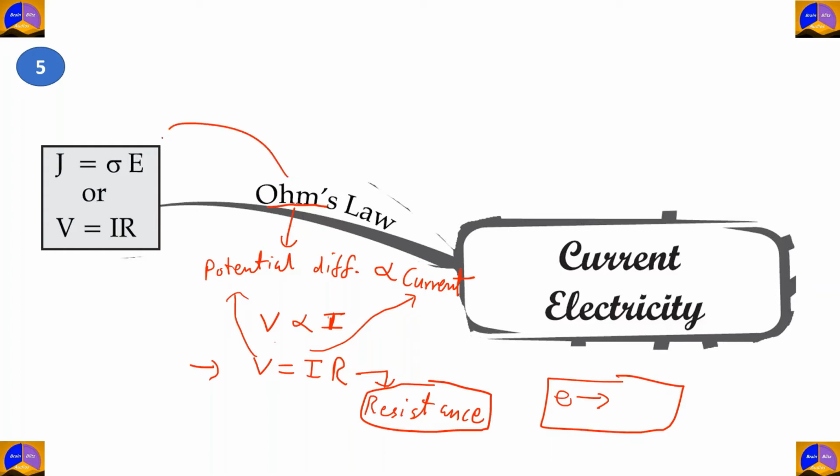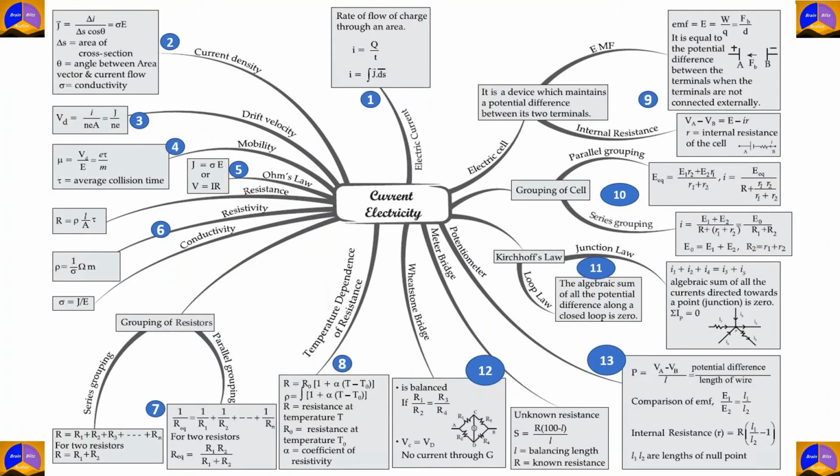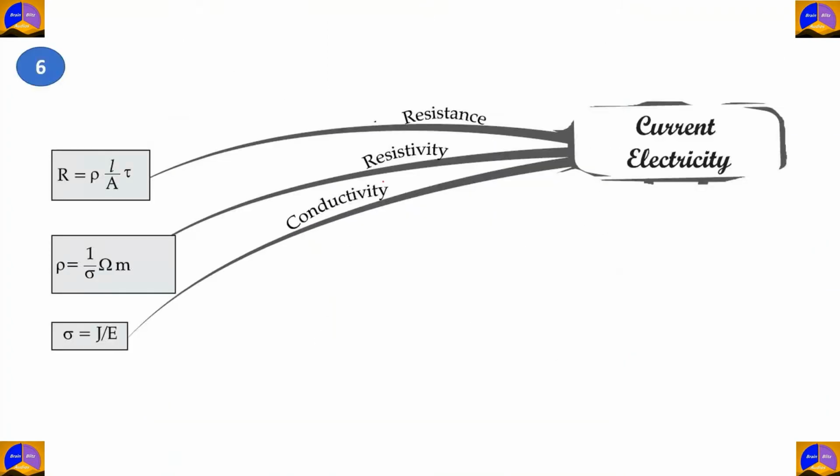Ohm's law can also be thought of as J is equal to sigma E, where J is current density, sigma is conductivity, and E stands for electric field. But for most of the chapter, we'll be taking this formula, V is equal to IR. Let's move on to learning about resistance.